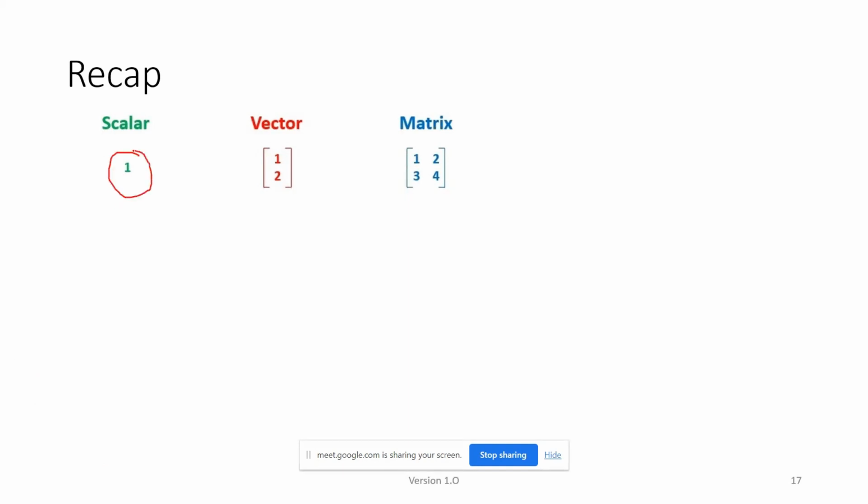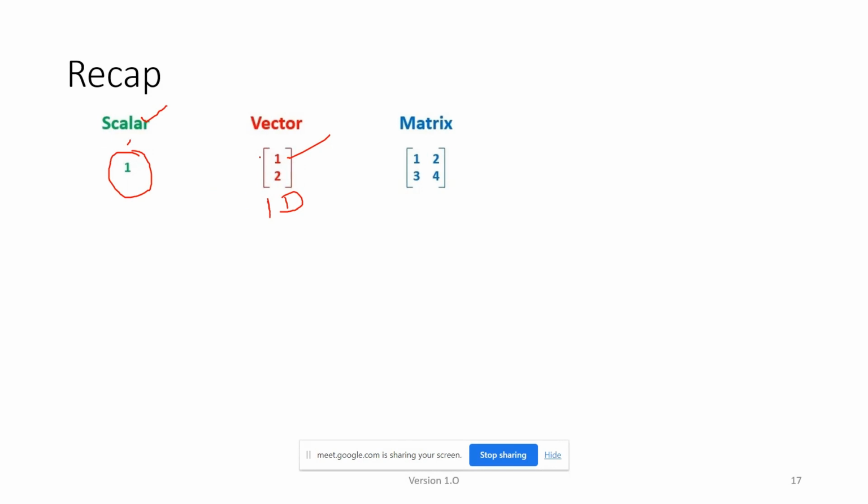A single individual value is represented in algebra using a scalar. A vector, you know the definition, is a one-dimensional array. In programming, we use a one-dimensional array to represent this.